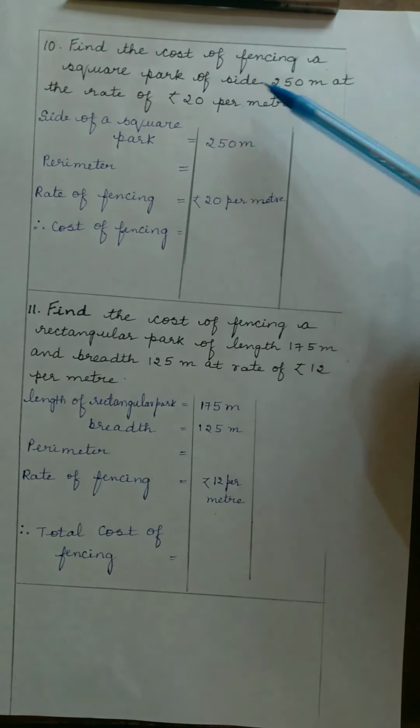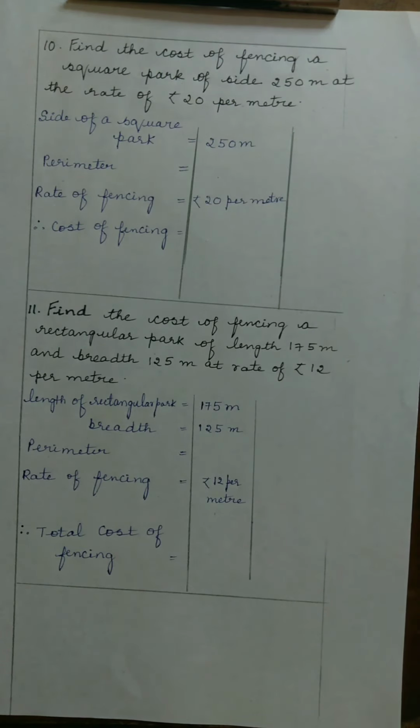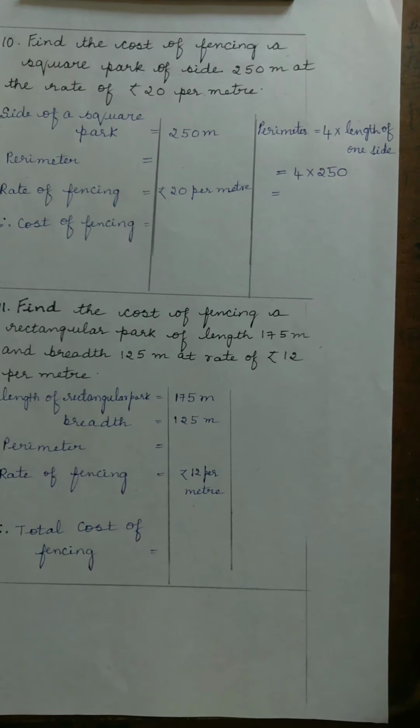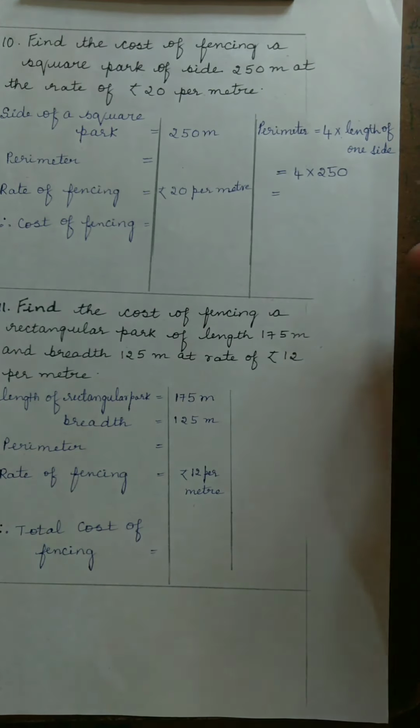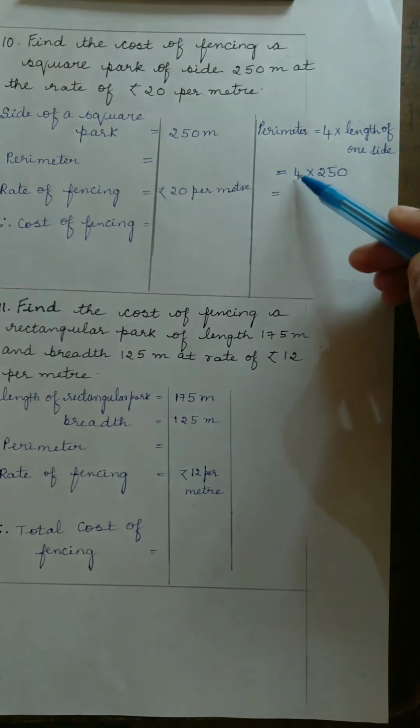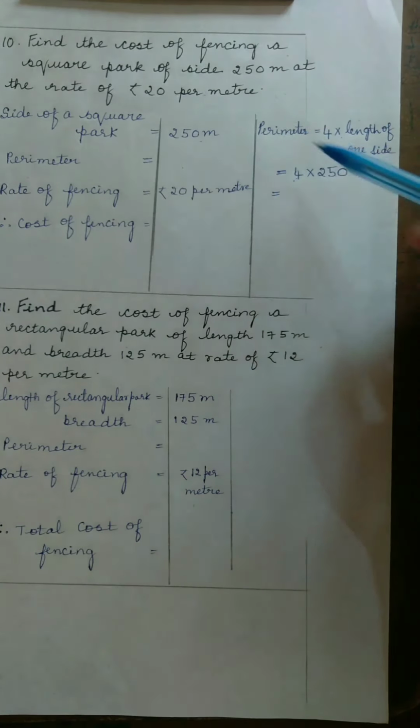In order to find out the cost of fencing the square park, first we need to find out the perimeter. Therefore, we have the formula: perimeter is equal to 4 into length of one side. So 4, because a square has 4 sides, into length of one side, 250.